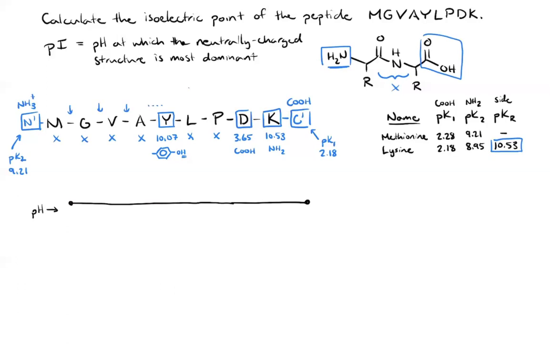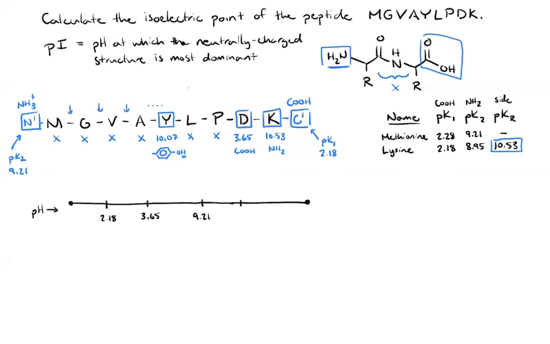And what I want to mark out on this line are the turning points that I need to be aware of in this structure. So those are going to be my pKa's. So I'm just going to label the pKa's on this number line here, going from smallest to largest. So I just have to arrange these properly here. And the next, so there's going to be a big gap here, but the next one is 9.21.